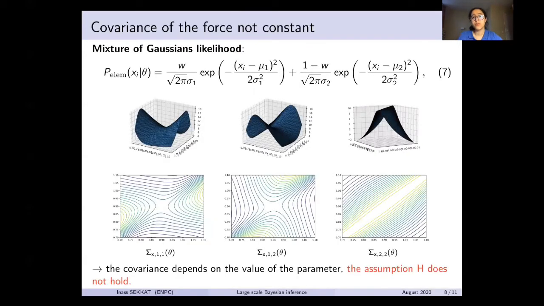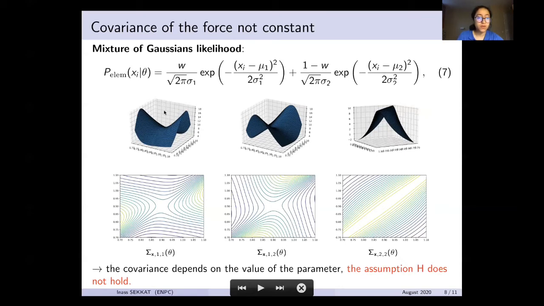So in this part, we will challenge the main assumption of the adaptative Langevin. So we consider a realistic case where the data is supposed to follow a mixture of Gaussians, where W is the weight, sigma 1, sigma 2 are the standard deviations, and mu1 and mu2 the centers of the Gaussians. So we assume that W and sigma 1, sigma 2 are given, and that we are sampling the posterior distribution of mu1, mu2.